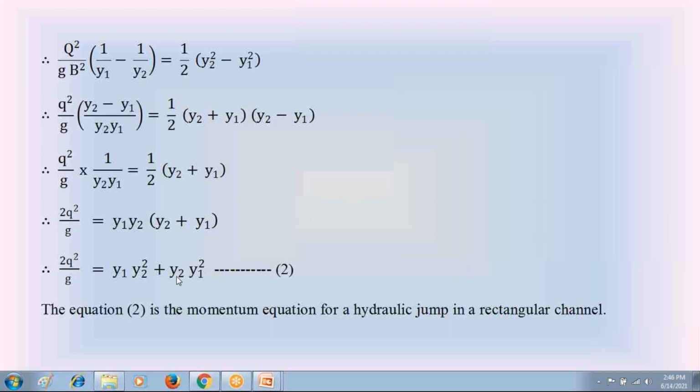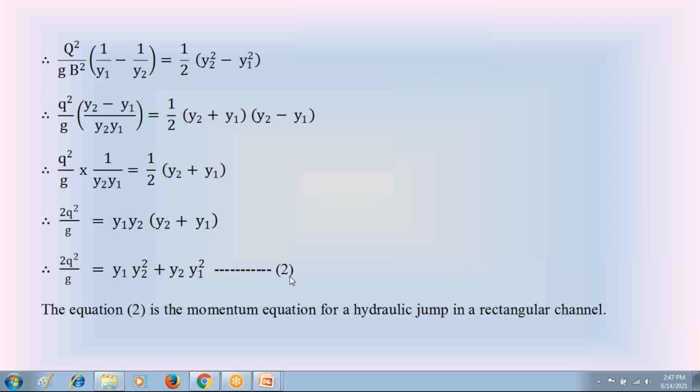Y2 as a. Take this y2 square as b. Then y1 as x. Take this 2q square by z as c. Then this equation becomes as ax square plus bx plus c equal to 0. So this equation 2 is a quadratic equation in terms of depth y1.